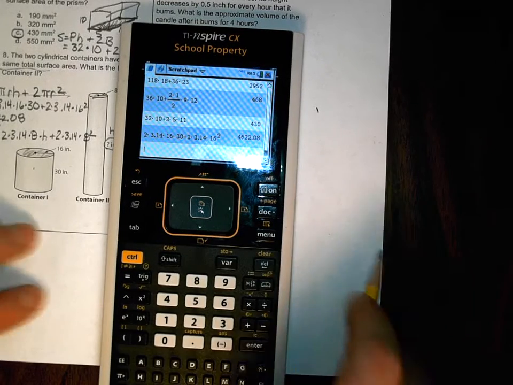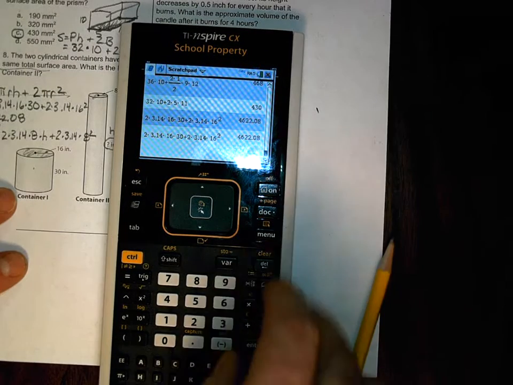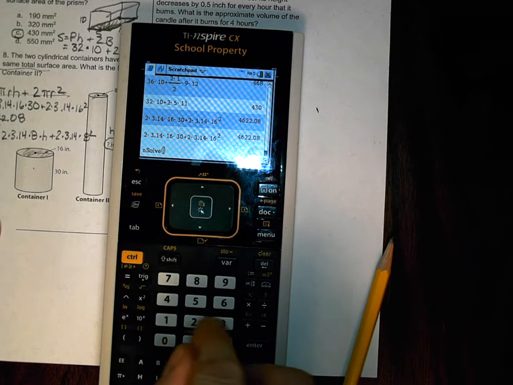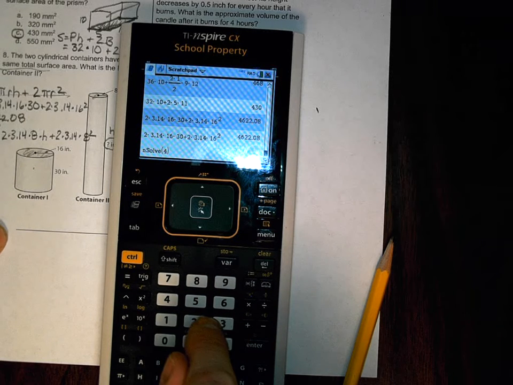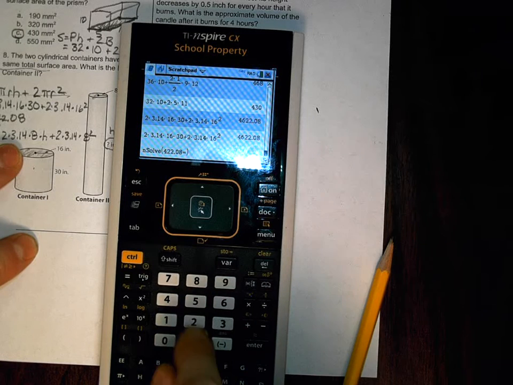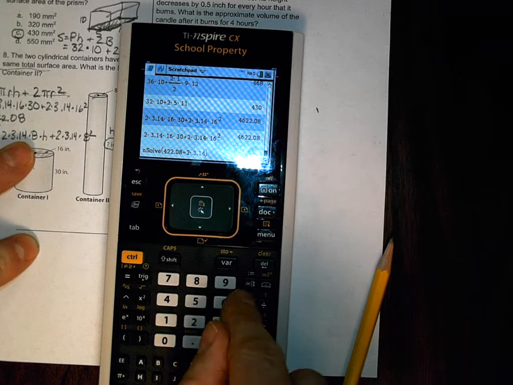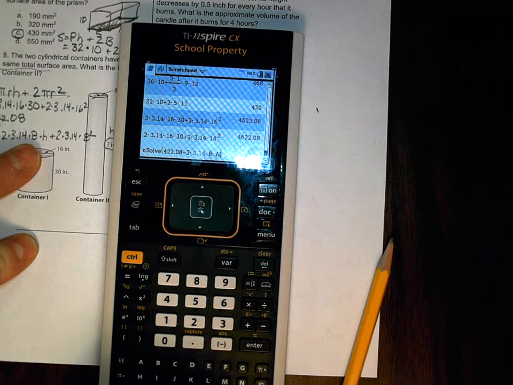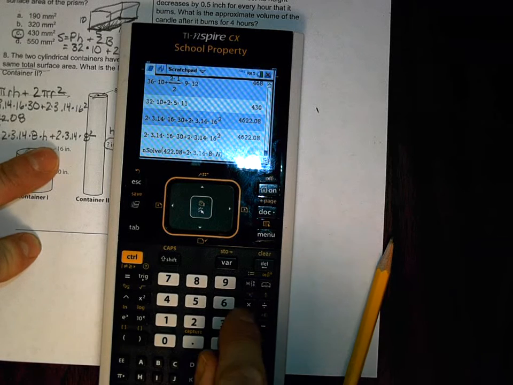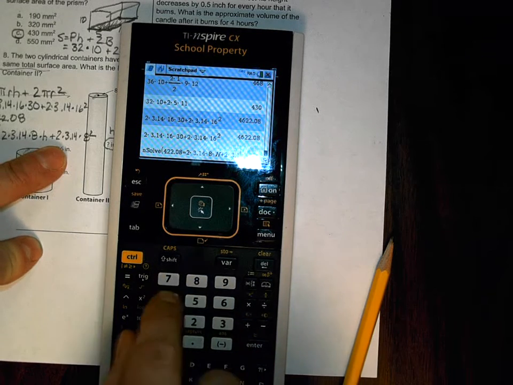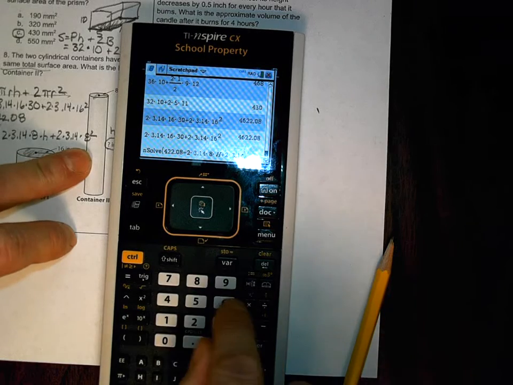So I'm going to type in there menu 3.1, and I'll type everything exactly. 4622.08 equals 2 times 3.14 times 8 times, and I'm going to get out of my bottom, H, plus 2 times 3.14 times 8 squared.